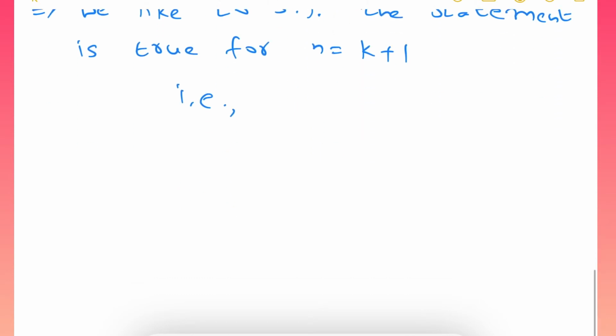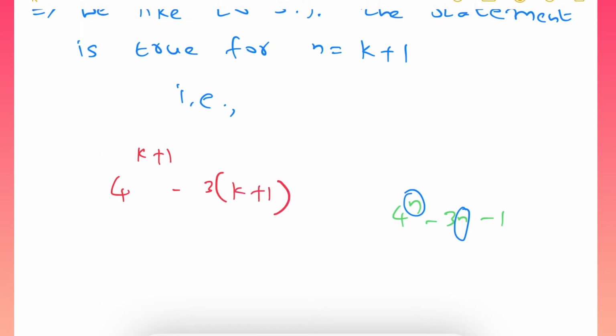The question is, we have 4 power n minus 3n minus 1. So here in the place of n, we need to substitute k plus 1. Here also we need to substitute k plus 1. Let us check now. 4 power k plus 1 minus 3 into k plus 1 minus 1.